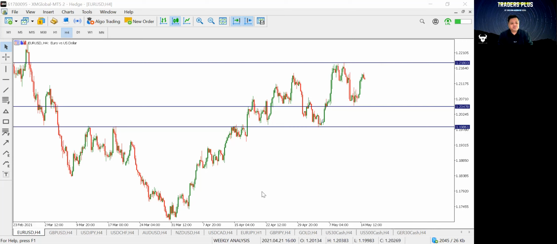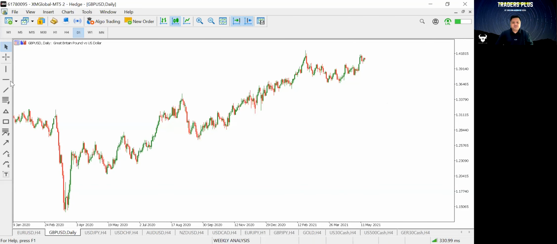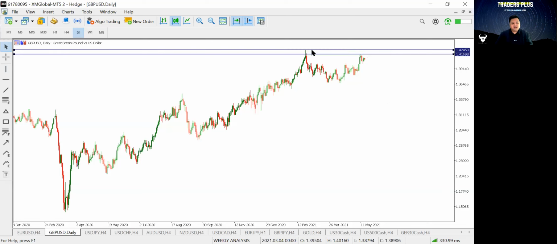Let's take on the next pair, which is the Gbp Usd. Alright, so dito sa Gbp USD, tingnan natin yung daily. Makikita nyo na ito yung kanyang immediate resistance levels. Okay? And of course, ito yung tip nung week of that candle. Alright. And the immediate support, ito, alright?